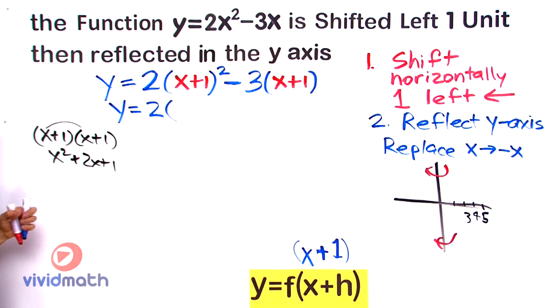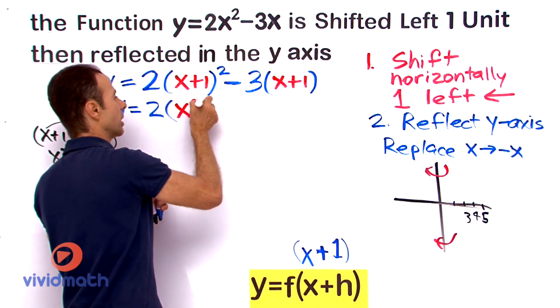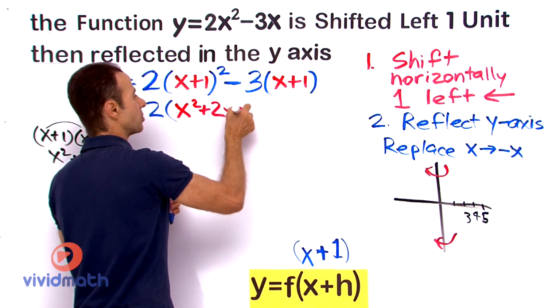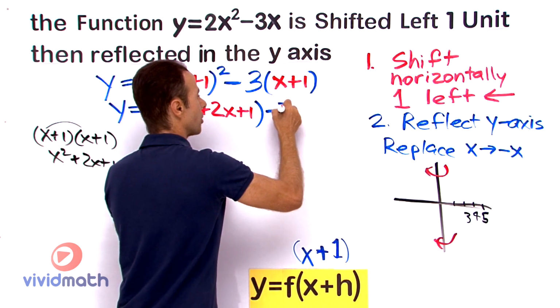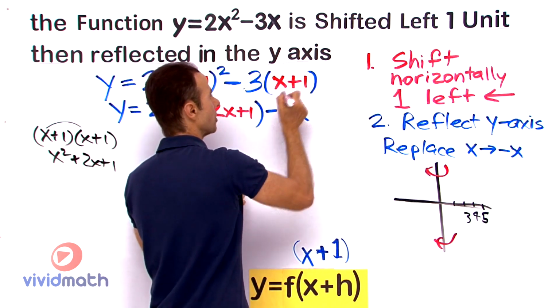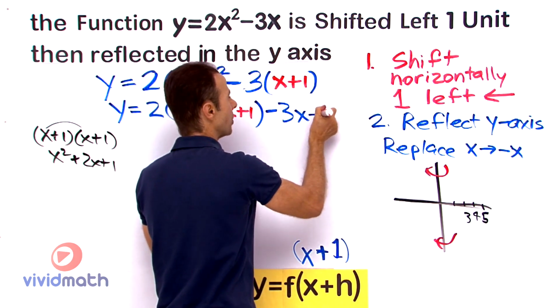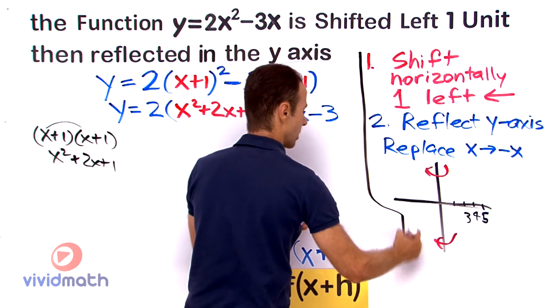So that becomes x squared plus 2x plus 1, close brackets, minus 3 times x is 3x, minus 3 times plus 1 is minus 3. Let me just put a little boundary there.